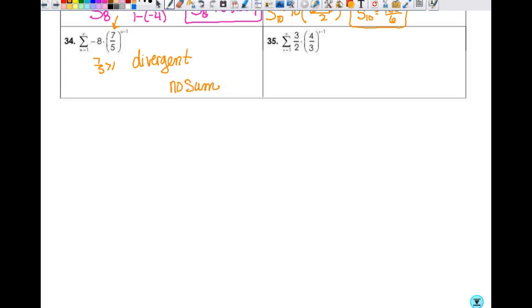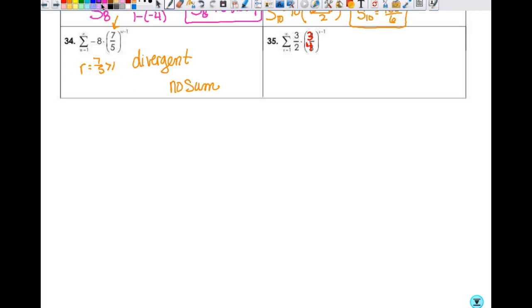And then I sent out a remind on Friday that told you to change this. I don't know how I messed this one up. But this, instead of 4/3, should be 3/4. Okay. So if I do that, then my R here, oh, I should have put that over here. R is equal to 7/5, which is greater than 1.